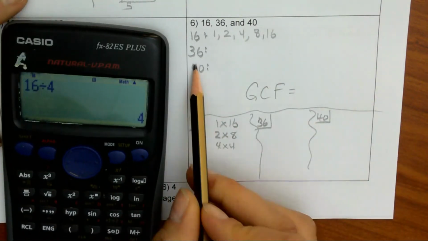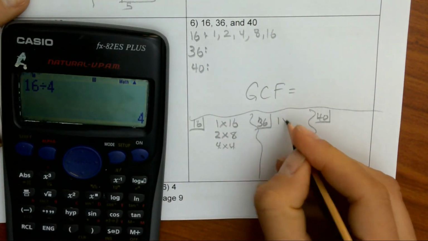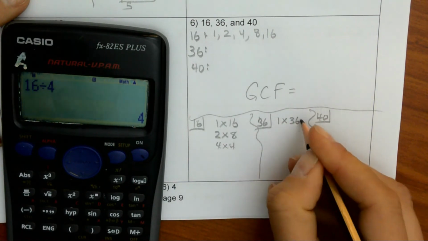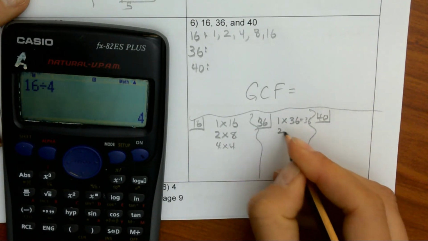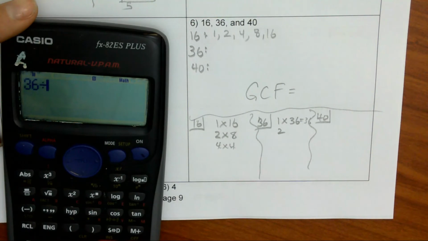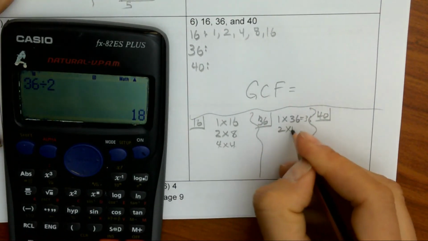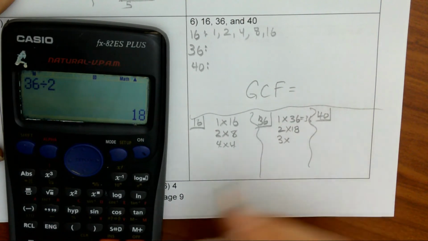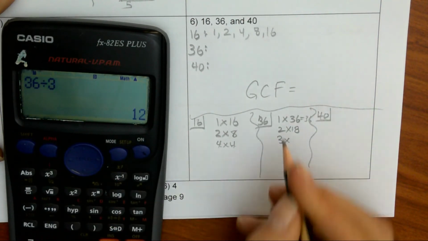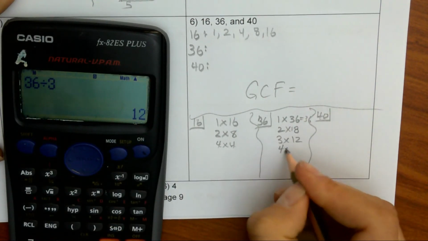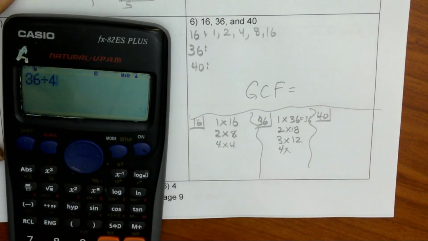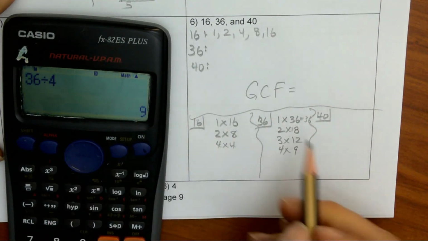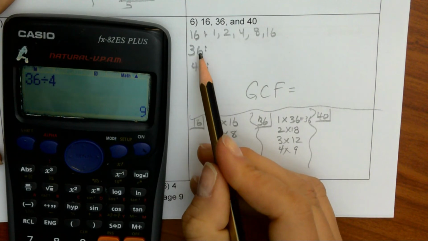Now 36. Always start with 1. 1 times 36 equals 36. 2 works. 36 divided by 2 is 18. Does 3 work? Yes. Let's check, but what is it? 12. Does 4 work? I think so. 9. What about 5? No, because it doesn't end in a 0 or a 5.